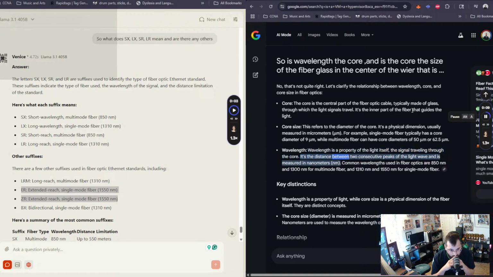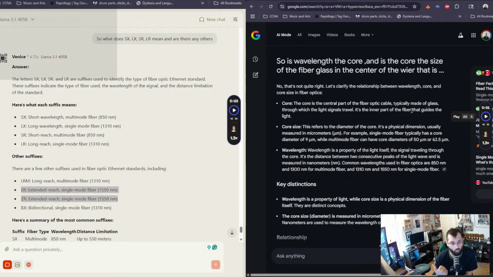It's the distance between two consecutive peaks of the light wave and is measured in nanometers, nm. Common wavelengths used in fiber optics are 850 nanometers and 1,300 nanometers for multimode fiber, and 1,310 nanometers and 1,550 nanometers for single-mode fiber.